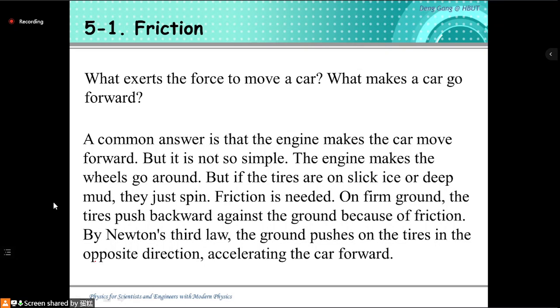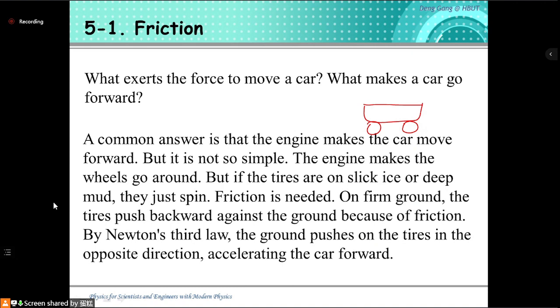There's no friction. So here, maybe it's a car. If the tires are on slick ice or deep mud, they just spin, it will not move. Actually, what makes the car go forward is the friction.